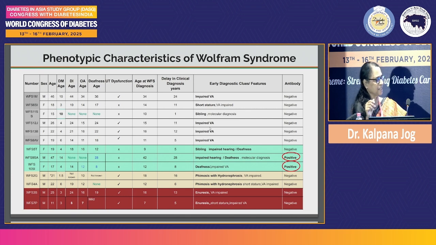Now the second thing is, the majority of our patients reached their diagnosis after optic atrophy was declared by the ophthalmologist. And obviously optic atrophy is a late finding. So something was evolving, probably, which we missed. So what was that? When we reviewed the clinical notes, we noticed that these kids had impaired vision, poor vision, and this impaired visual acuity was attributed to refractive error, even though the best corrected vision was never satisfactory for any child, or it was considered a diabetes complication.